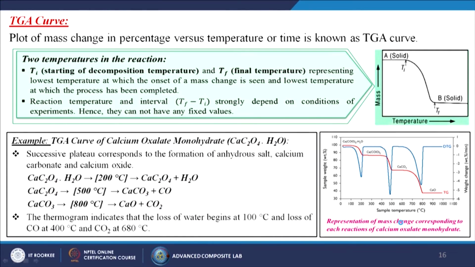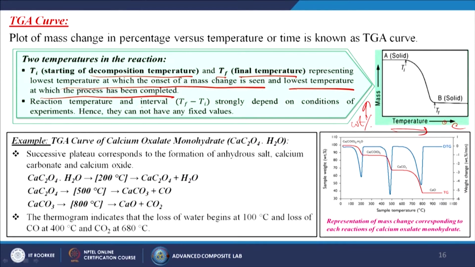Generally the TGA curve looks like this. A plot of mass change in percentage versus temperature or time is known as the TGA curve. Here we give the mass generally in weight percent, and the temperature in degrees centigrade. There are two temperatures in the reaction: Ti, the starting decomposition temperature, and Tf, the final temperature, representing the lowest temperature at which the onset of a mass change is seen and the lowest temperature at which the process has been completed.